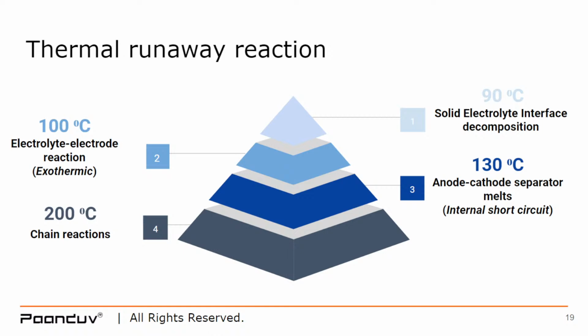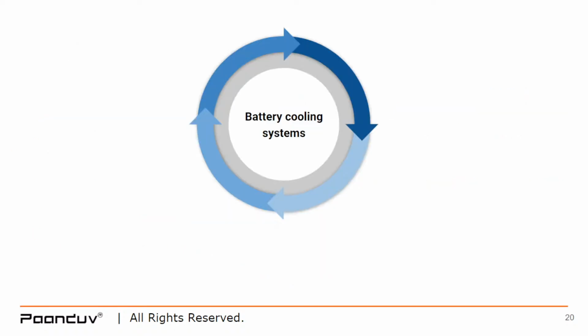But as you start approaching a temperature of 90 degrees Celsius, things start becoming bad. Your solid electrolyte interface starts decomposing, and by the time you have reached 130 degrees Celsius, you start seeing internal short circuiting, and at 200 degrees Celsius it becomes a one-way chain reaction where fire in the battery becomes inevitable.